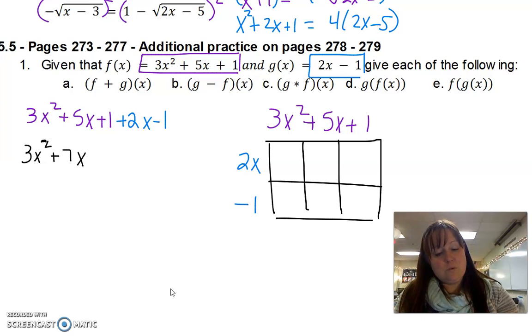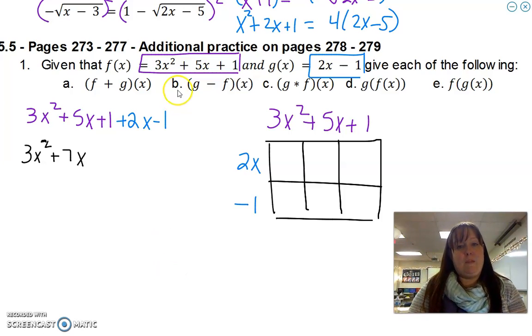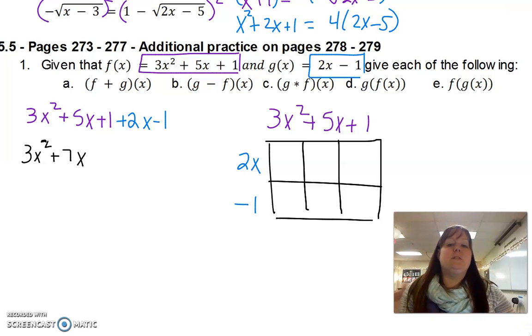Remember, we have tools where you could say like multiply each of these by each of these. So you do 3x squared times 2x, 3x squared times negative 1, 5x times 2x, 5x times negative 1. That's the distributive property right there. But we can use the box to make it easier so our distributive property is more obvious.